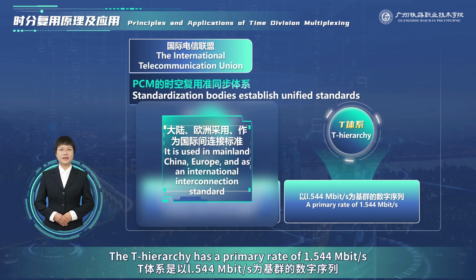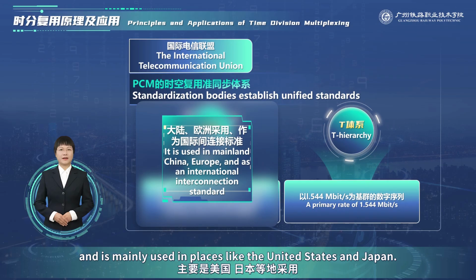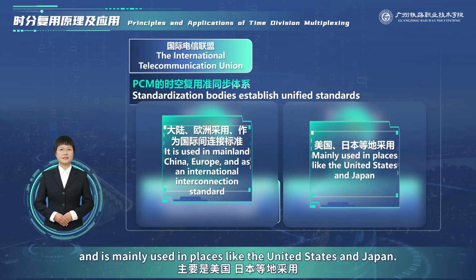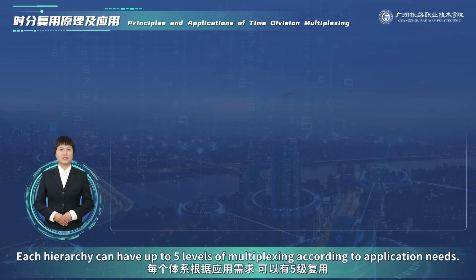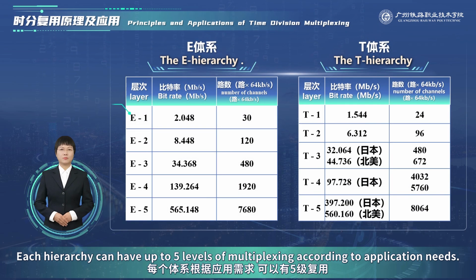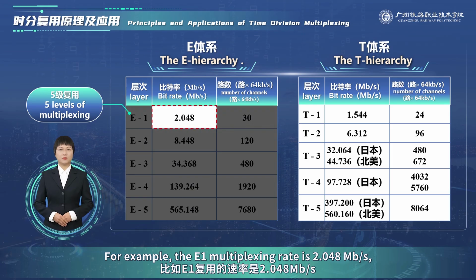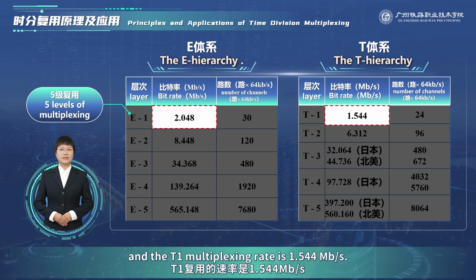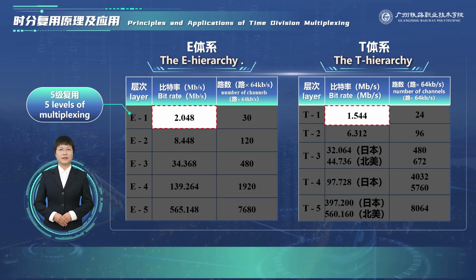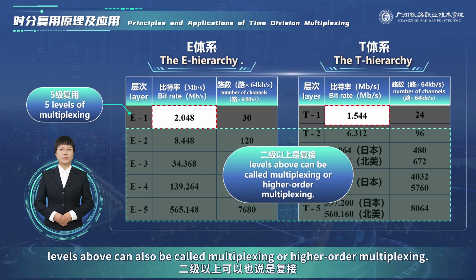The T hierarchy has a primary rate of 1.544 Mbit/s and is mainly used in places like the United States and Japan. Each hierarchy can have up to 5 levels of multiplexing according to application needs. For example, the E1 multiplexing rate is 2.048 Mbit/s, and the T1 multiplexing rate is 1.544 Mbit/s. The first level is primary multiplexing. Levels above can also be called higher order multiplexing.